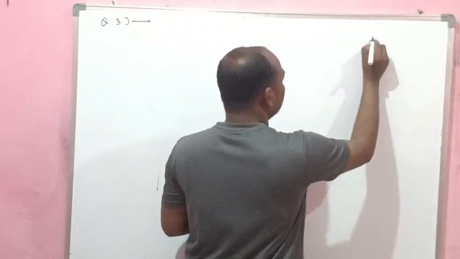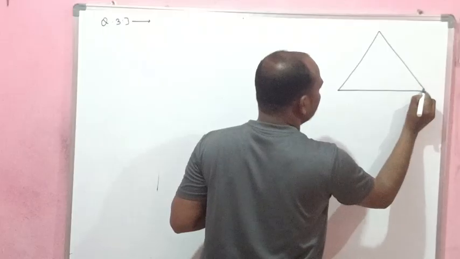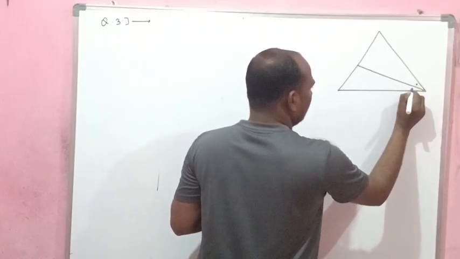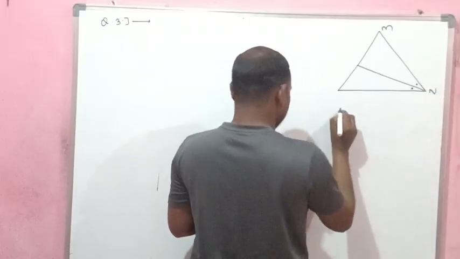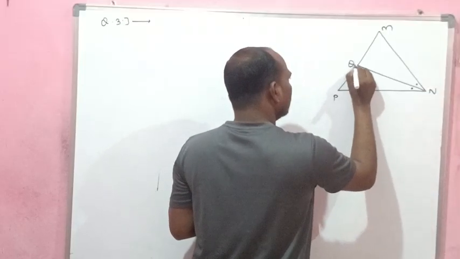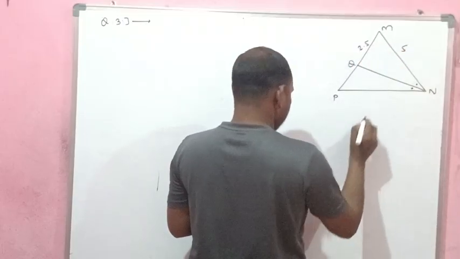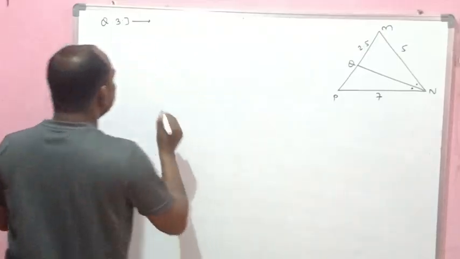Now this is angle bisector, that is M, N, P and Q. Now there is 2.5, 5, 7. Find the value of QP and PQ.